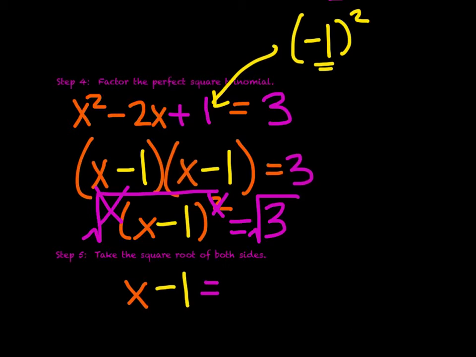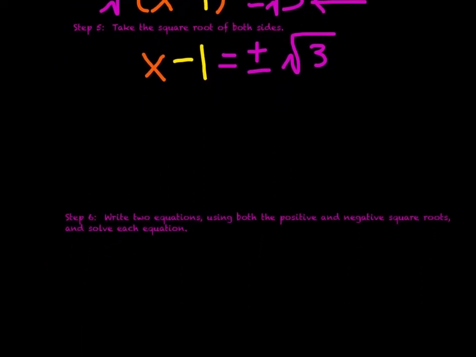And the 3 can't easily be broken down into square roots, so we're just going to leave it like that, but we're going to add positive or negative, because any square root is either positive or negative: a positive or negative square root of 3 multiplied by itself will get us a positive 3 every single time. So we've taken the square root of both sides. We have x minus 1 is equal to positive or negative square root of 3.